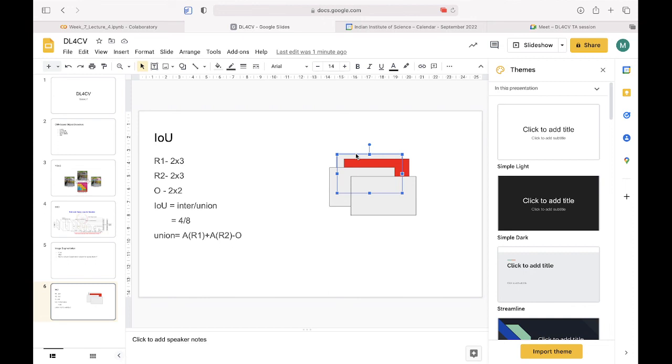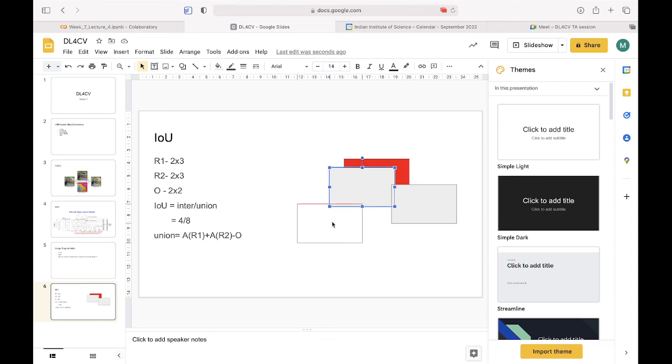I need only one, so I filter the boxes. Now suppose this one is somewhere here, with only one unit overlapping. The IOU will be very low, since my union is way larger than this.